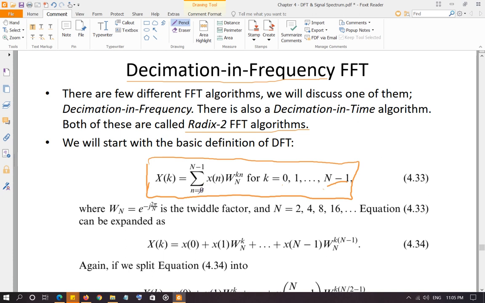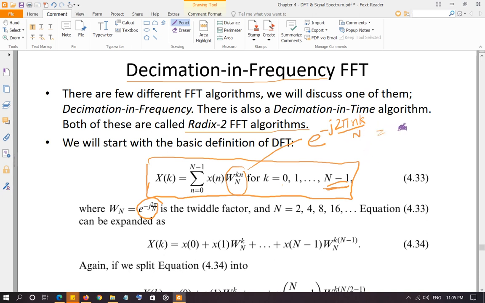And we know the formula: summation from 0 to N minus 1, all the samples of x, the input samples, times the twiddle factor W_N^(kn), and again the twiddle factor is e to the power negative j 2 pi. So basically this is e to the power negative j 2 pi nk over capital N, right?